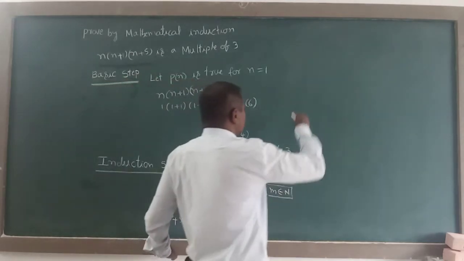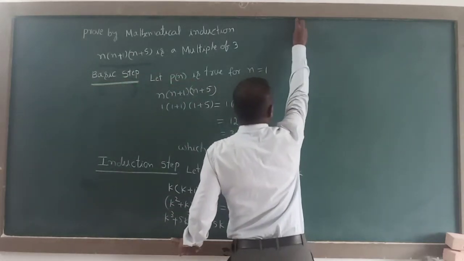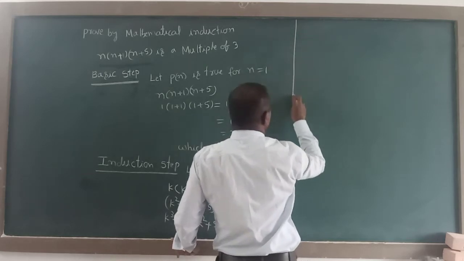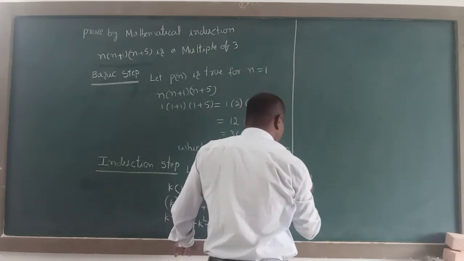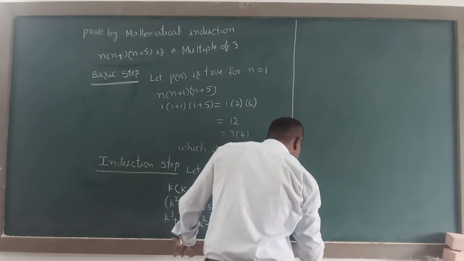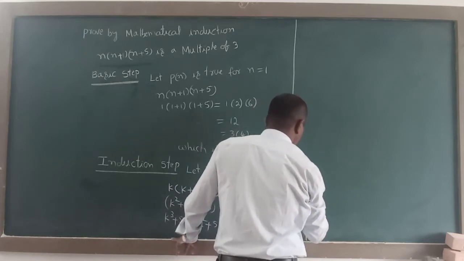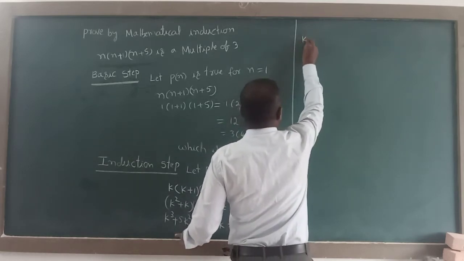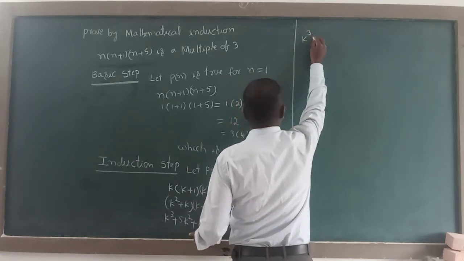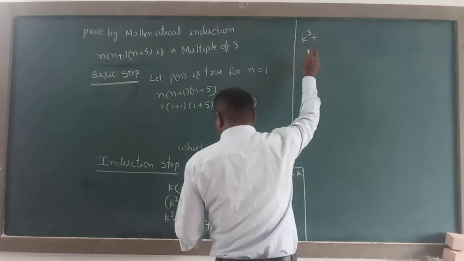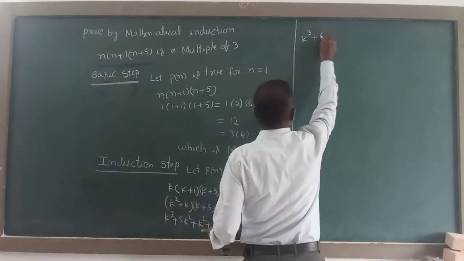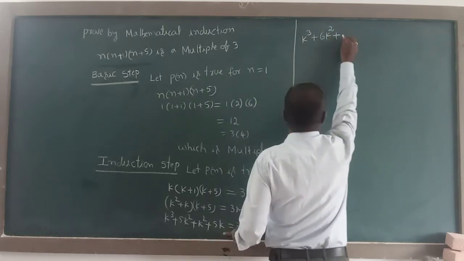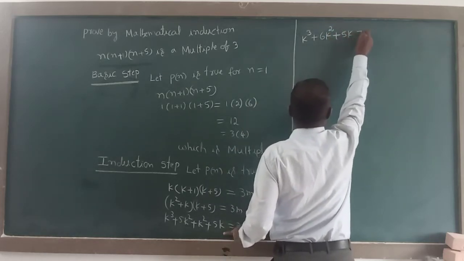Next, k cube plus 5k square plus k square is 6k square, plus 5k is equal to 3m.